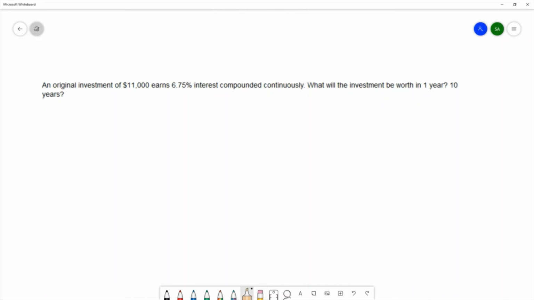So one key word in here is that our interest is compounded continuously. And that's an indication of which compound interest formula that we're going to use. We're going to use A equals P times e to the rt. So anytime your interest is compounded continuously, this is the formula that you're going to use.